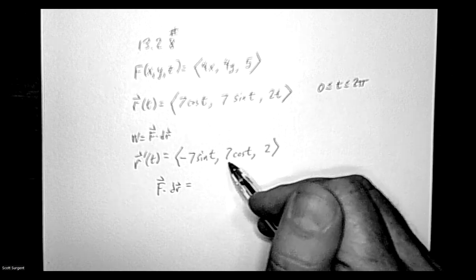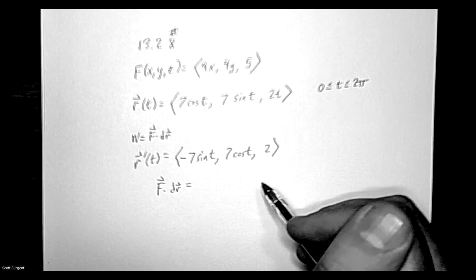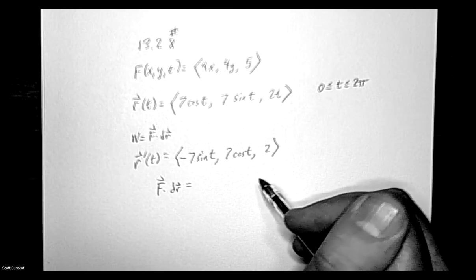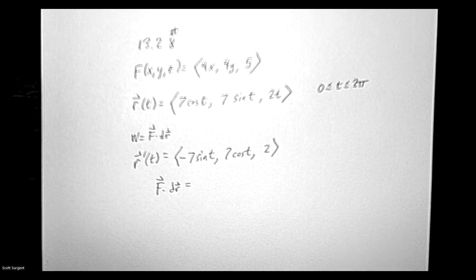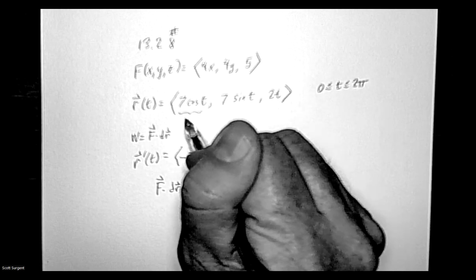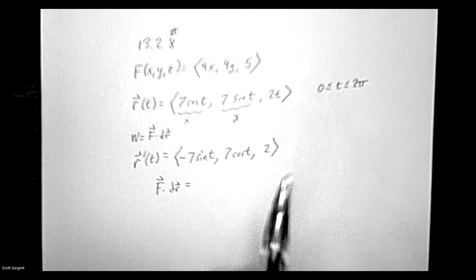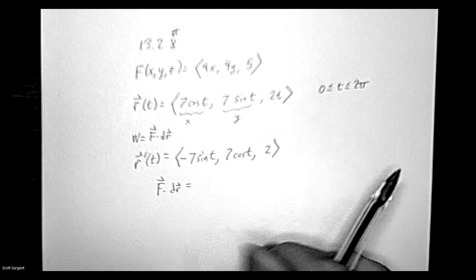Let's see, what do we get? Negative 28. You know what I forgot to do? I forgot to make the exchanges here. So my bad. Okay, hold on. Sorry about that. I missed a step.